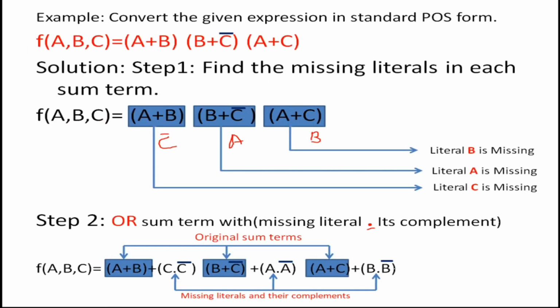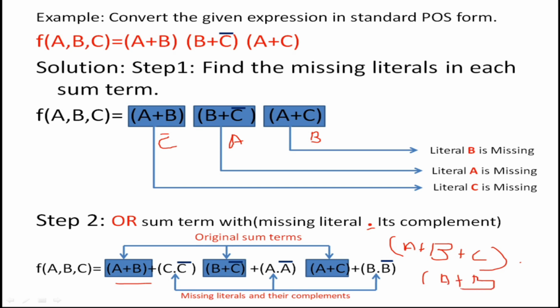So it will be A plus B plus C, this is the first one, and then A plus B plus C bar.